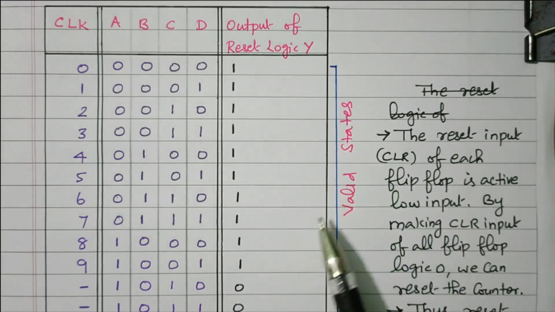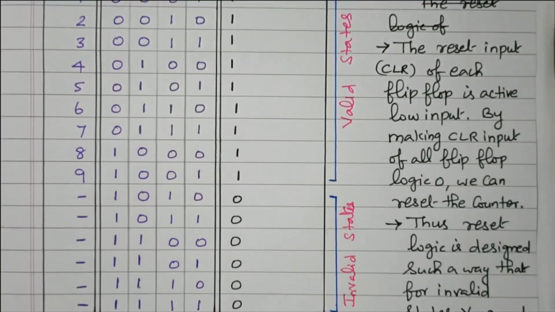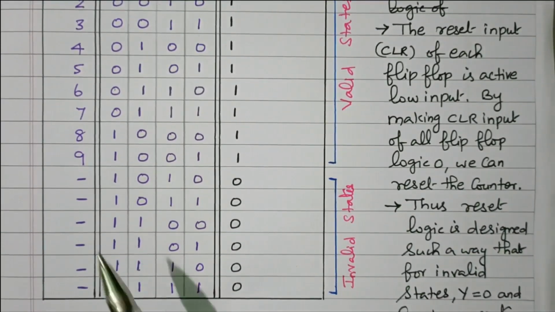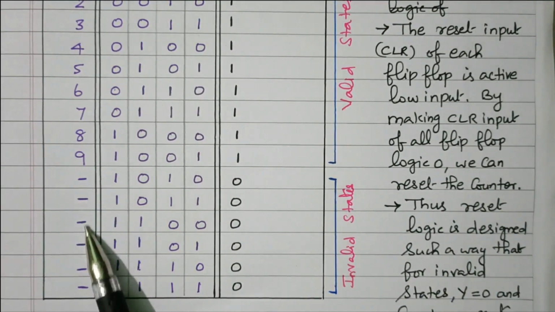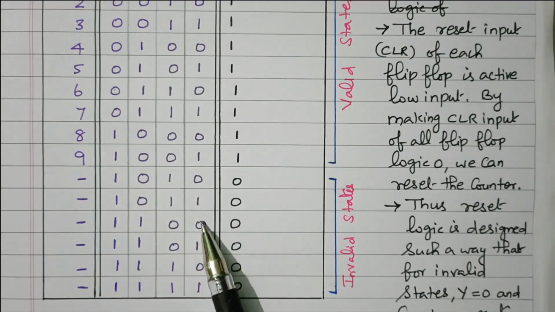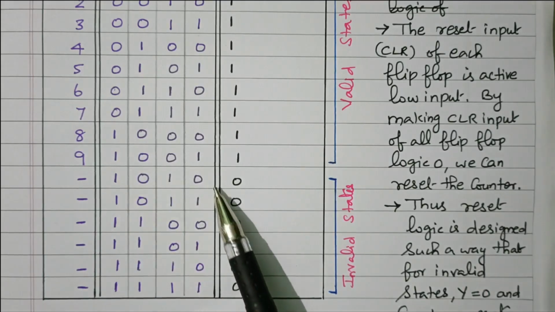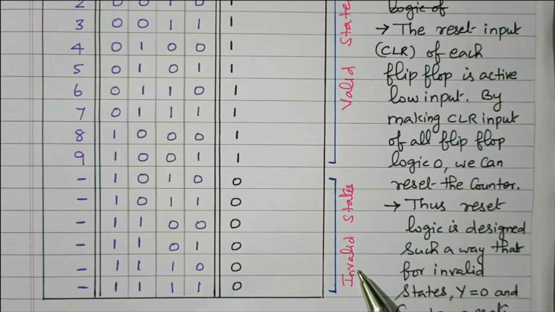From 10 to 15, the remaining 6 outputs, we do not need. We are giving only 10 clock pulses, thereafter the clock pulse is not there. So for 10, 11, 12, 13, 14, 15, we don't want the output. So the reset logic is 0. This comes under invalid states, right?